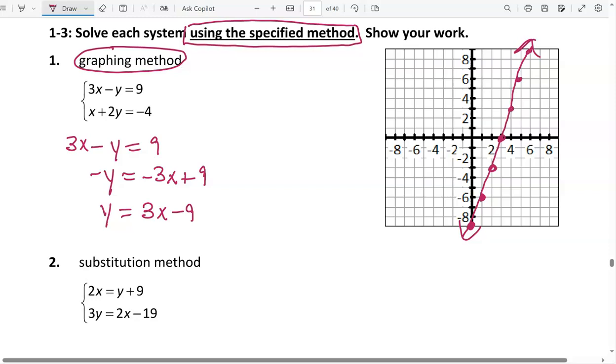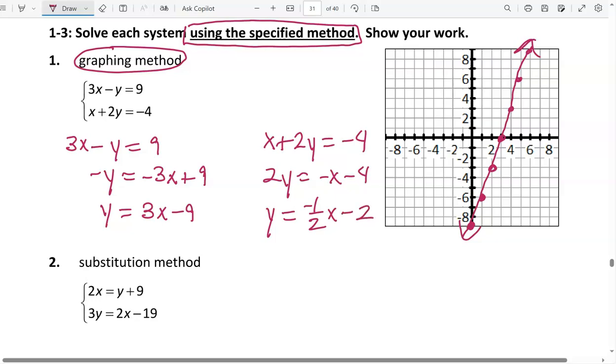And then let's take our second equation, which is x plus 2y is equal to -4, and subtract x from both sides, and then divide by 2, and that gives us y equals -1/2 x minus 2.